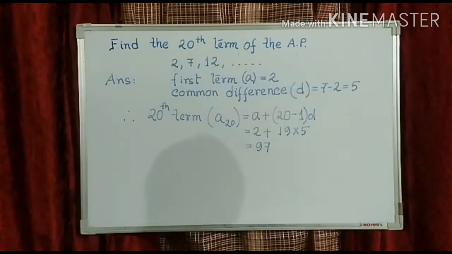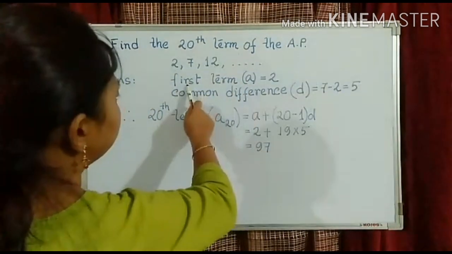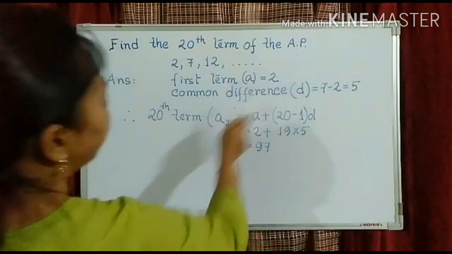Find the 20th term of the AP 2, 7, 12. Answer. First term, small a. Here the first term we denote A, common difference D, that is why it is written.